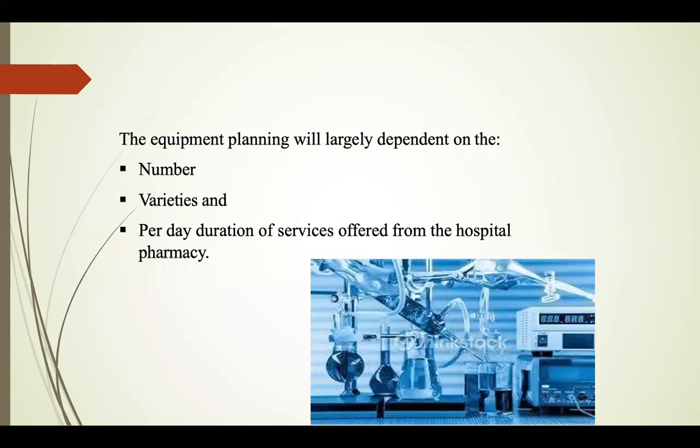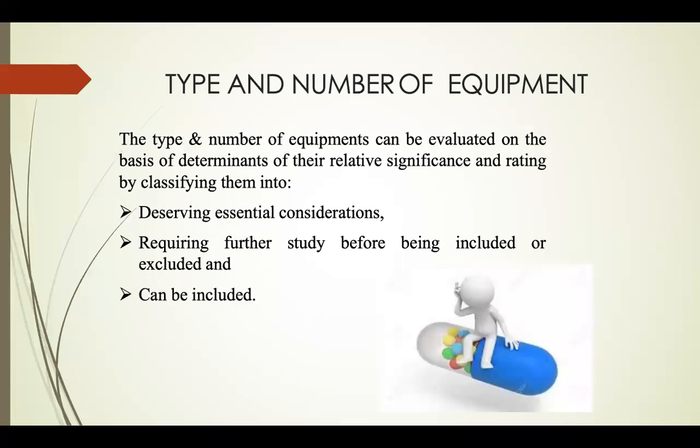Equipment planning will largely depend on the numbers, varieties, and per-day duration of services offered by the hospital pharmacy. The type and number of equipment can be evaluated on the basis of their relative significance and rating, by classifying them into those deserving essential consideration, those requiring further study before being included or excluded, and those that can sometimes be included.